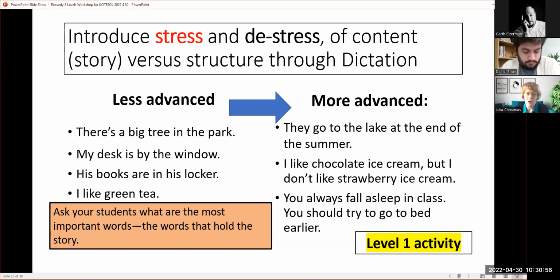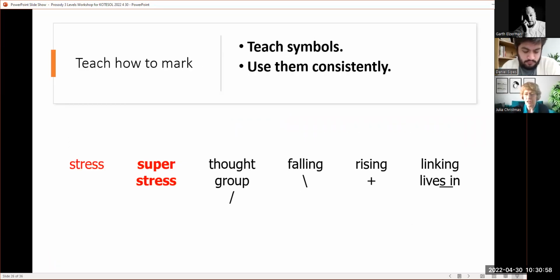And well, now what do I teach? How to mark. I give the students symbols. I teach symbols and I use them consistently, absolutely, positively, consistently. So this is an example of, my classes are paperless. We were online for the last 2 years.